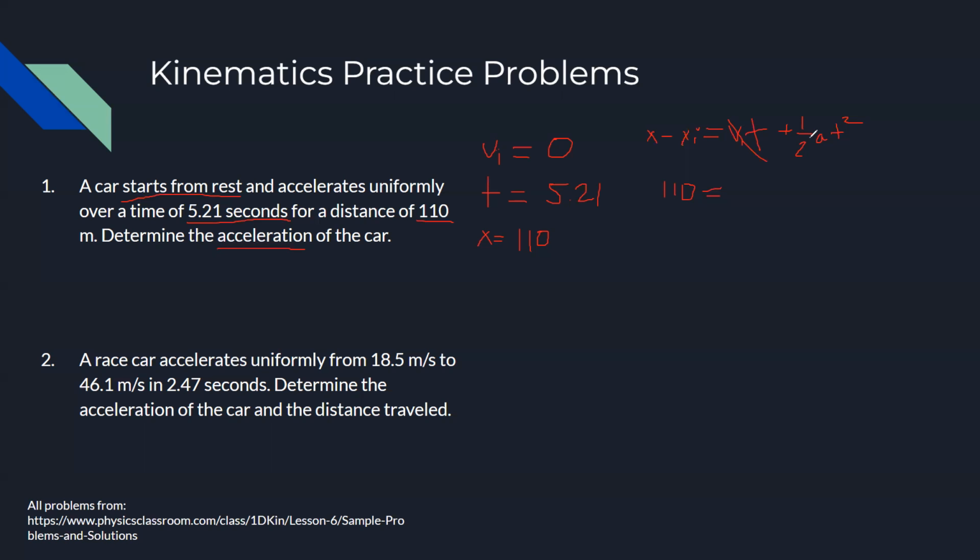Then you have plus 1/2 a t squared, and we're trying to find a here. So basically you make it 1/2 a times 5.21 squared. Now you just solve for a, and you multiply both sides by 2, so 220. And then you also divide both sides by 5.21 squared.